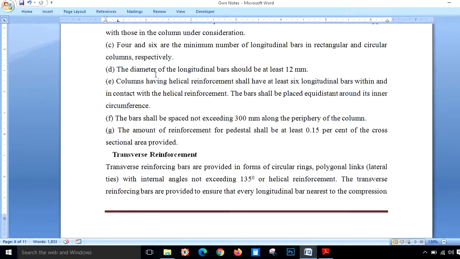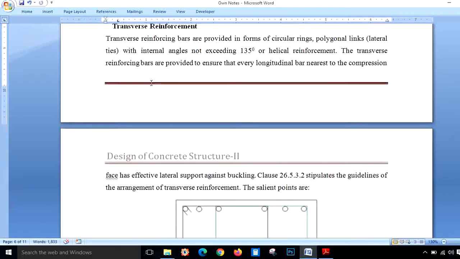Remember this. Next you can see transverse reinforcement. Transverse reinforcement bars are provided in the form of circular rings, polygonal links with internal angle not exceeding 135 degrees, or helical reinforcement.